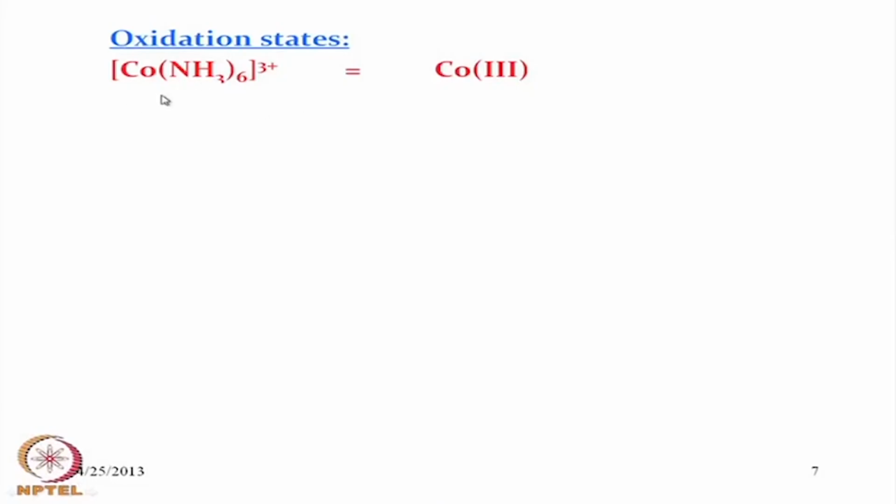So, we should assign the charge, and cobalt is designated as cobalt(III) in Roman numerals. The name of this cationic species will therefore be hexaamminecobalt(III). With 3 chloride anions outside, the full name of the compound would be hexaamminecobalt(III) chloride.